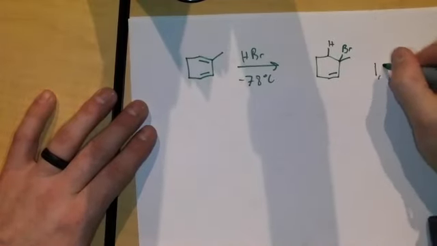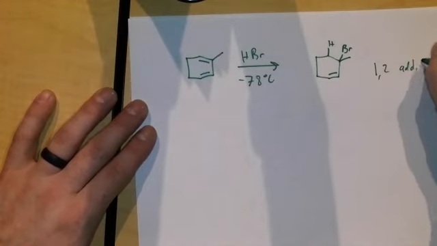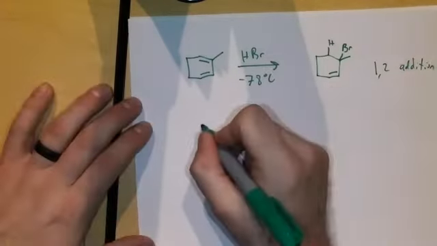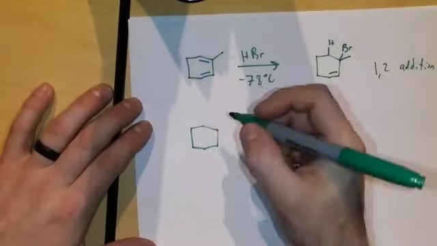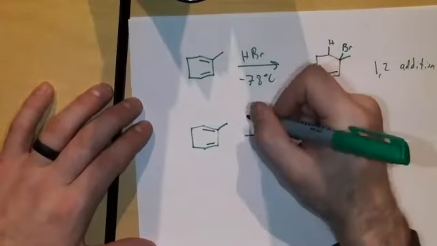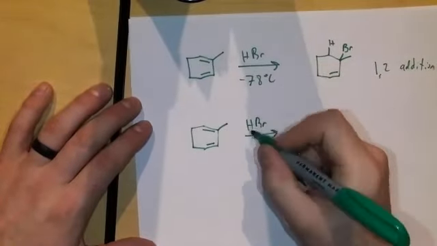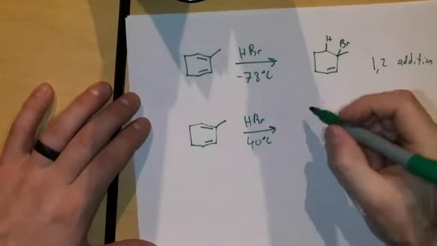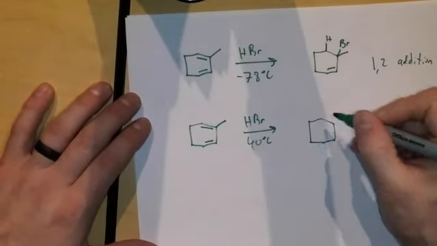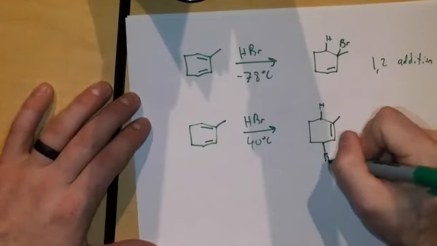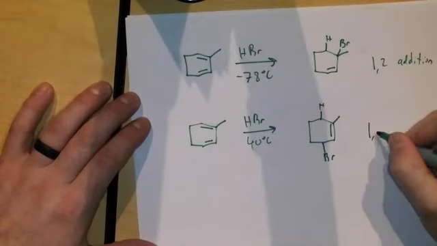This is our 1,2 addition, versus at room temperature, we're going to actually care, and we're going to want our more substituted double bond to be prevalent. So we're going to end up getting the 1,4 addition.